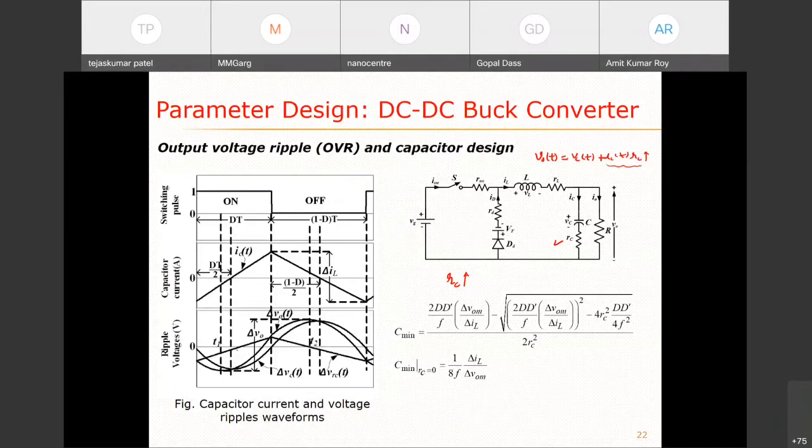Ideally, when this capacitor is there, whatever voltage is across the capacitor will be the voltage across the load. But when this RC is there, the voltage across this load is the voltage across this capacitor plus this IC into RC, right? So if this RC is more, then this voltage is being added here.